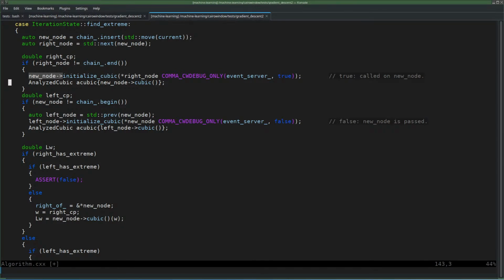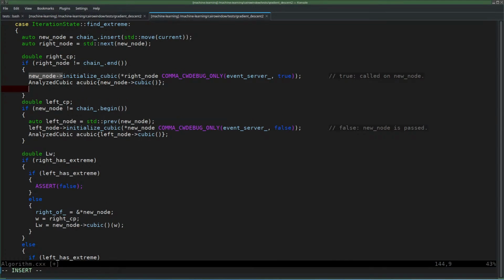And then we want to find out, I just want to get the extreme that I'm interested in, of a given cubic, if the cubic exists.